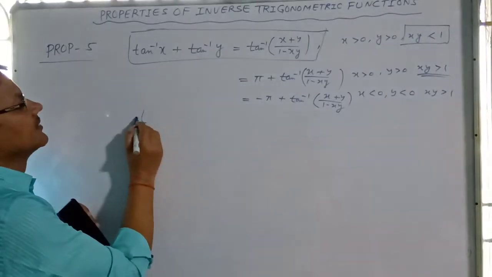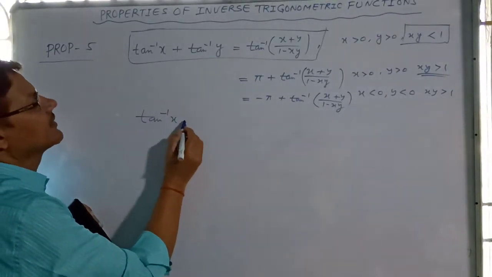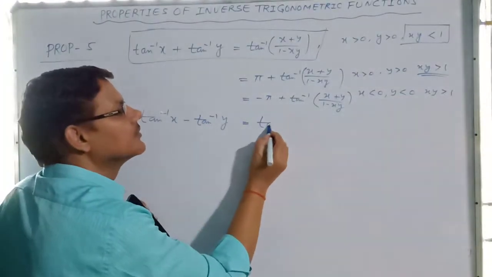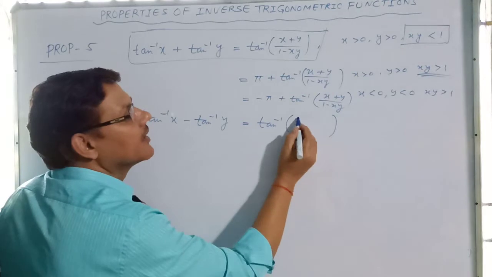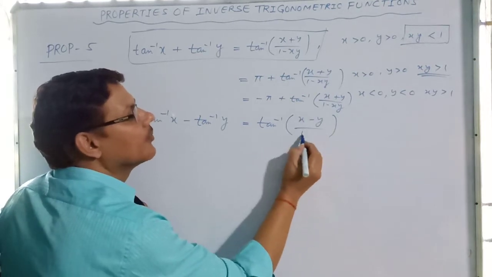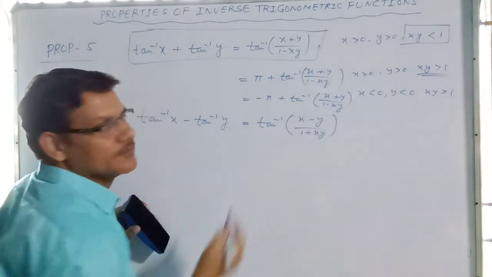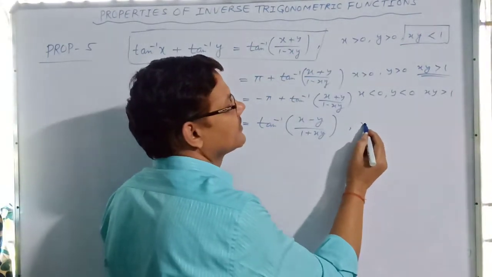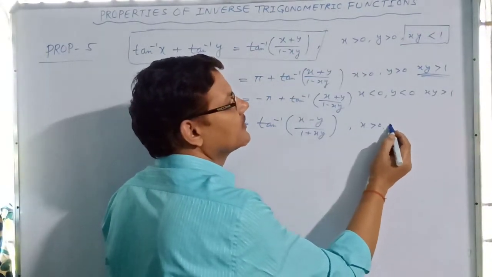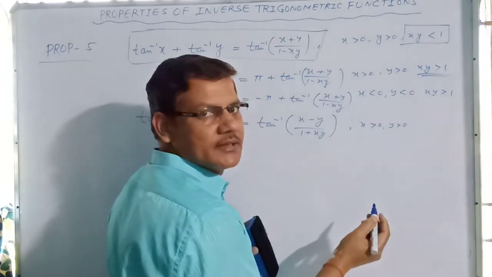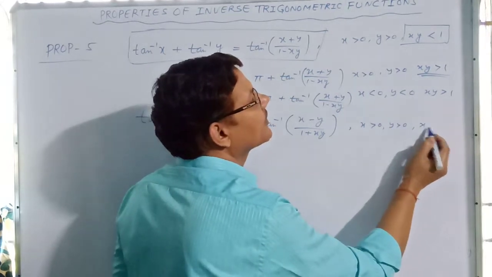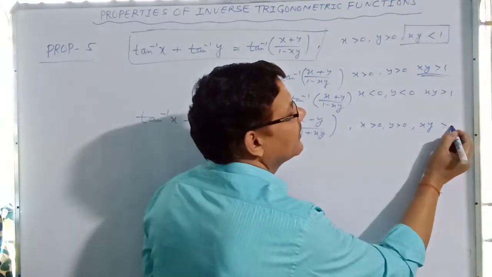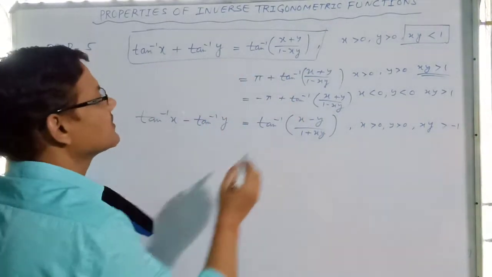Next property is tan inverse x minus tan inverse y is equal to tan inverse of (x minus y) by (1 plus xy). Here the restriction is x is greater than 0, y is also greater than 0, and this time the product xy is greater than minus 1. This is our main property.